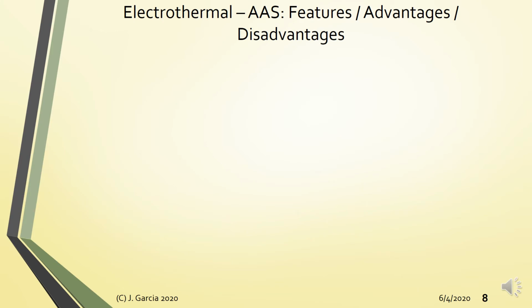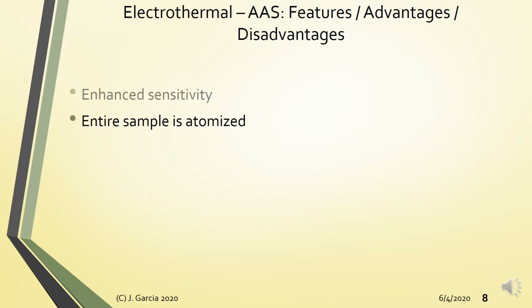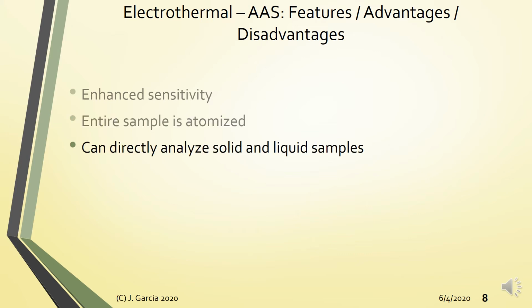Here are the features, advantages, and disadvantages of your graphite furnace or electrothermal atomizer. First, it has enhanced sensitivity, and the entire sample is atomized. Since you are placing your sample directly, one advantage of electrothermal AAS is that you can directly analyze solid or liquid samples.